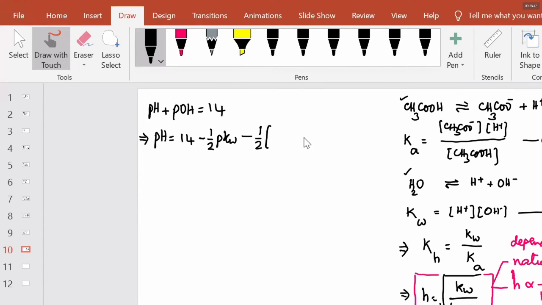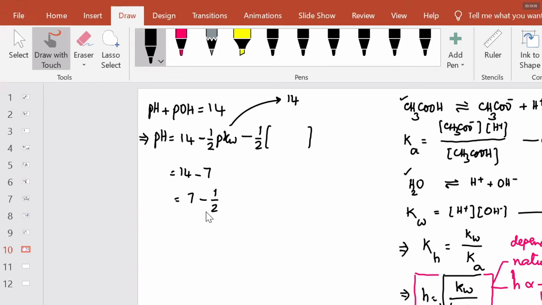Half and something. Now 14 minus what is pKw? pKw is 14, right? Because pH plus pOH is equal to pKw. Half into 14 is 7. This is 7 minus half into something.